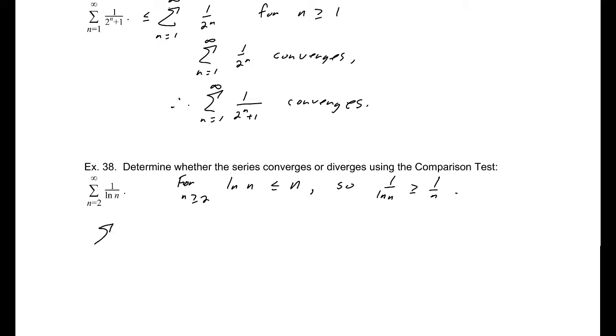So let's go ahead and try this. The sum of 1 over natural log of n is greater than or equal to the sum from 2 to infinity of 1 over n.